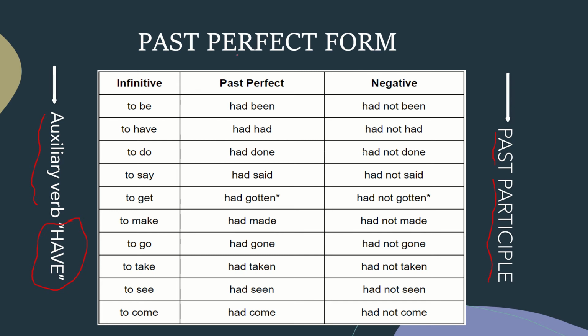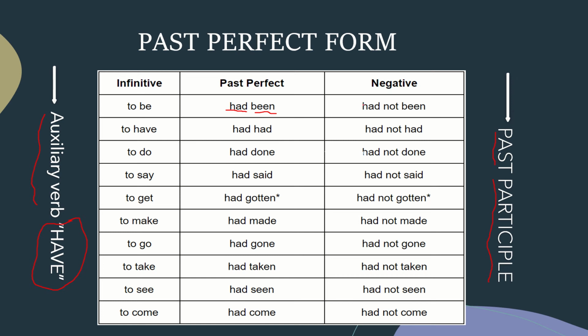The past perfect is formed by the simple past of the verb to have plus the past participle of the main verb, as you can see here. Most of these verbs are irregular. That doesn't mean that the past perfect must be irregular.